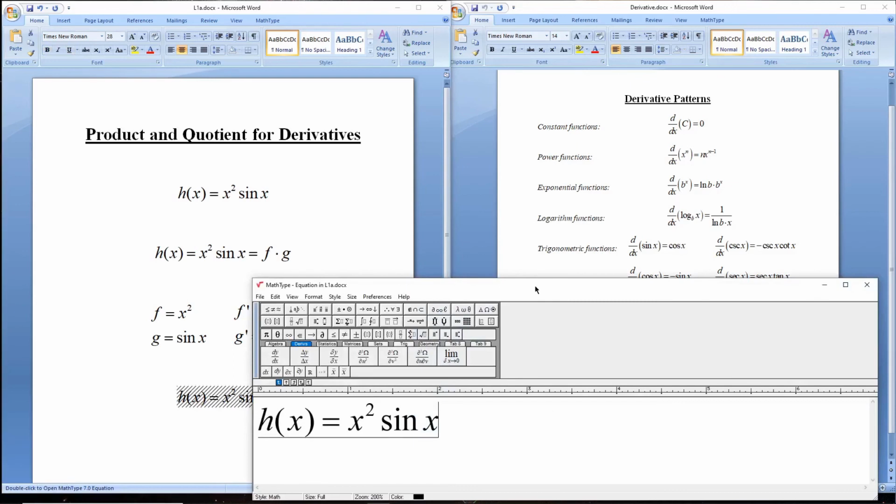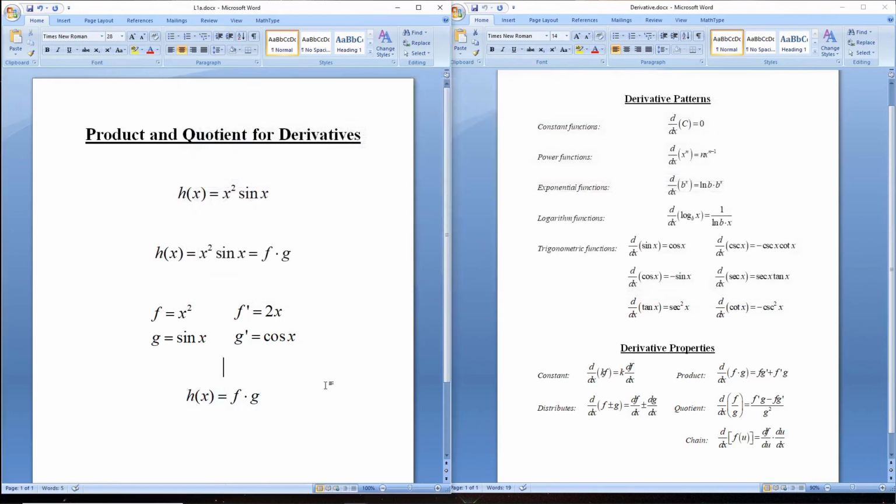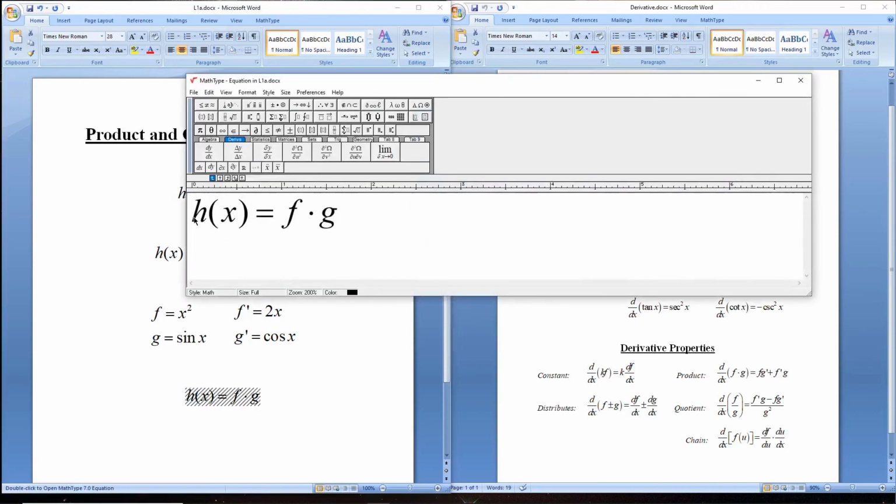So what we have here, let's write this out, is we're going to say this function h is two functions being multiplied together. And we're going to say those functions are x squared and sine x. And then we're going to take the derivative of both sides.